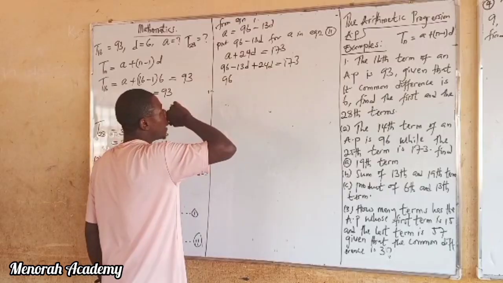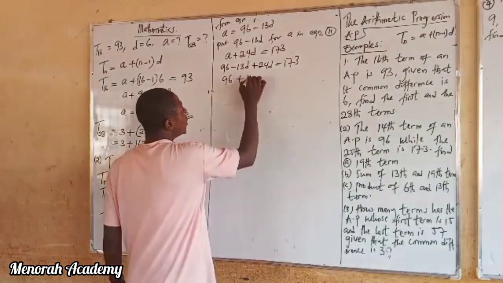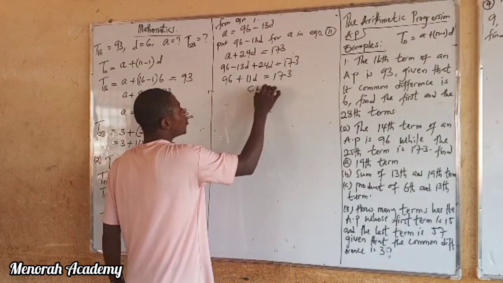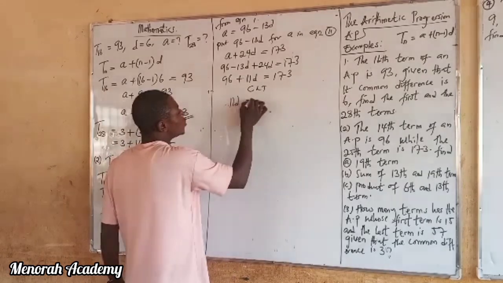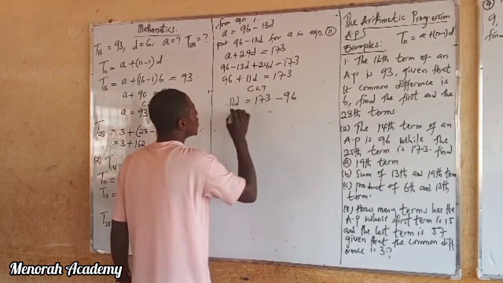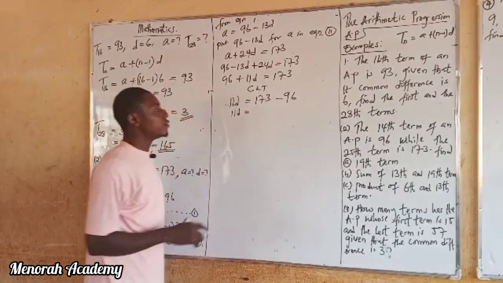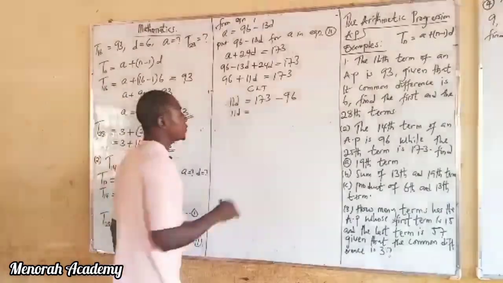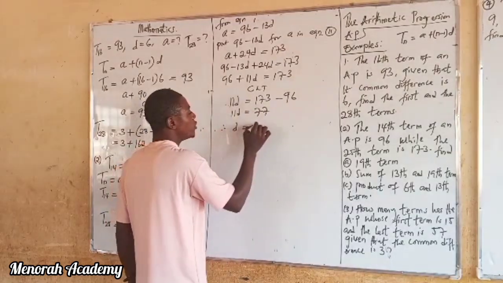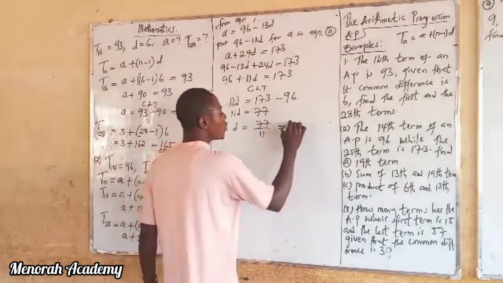Minus 13 plus 24 is going to be plus 11D, equals 173. So we collect like terms. We have 11D equal to 173 minus 96. 173 minus 96 is 77. So therefore our D will be equal to 77 all over 11, which is equal to 7.